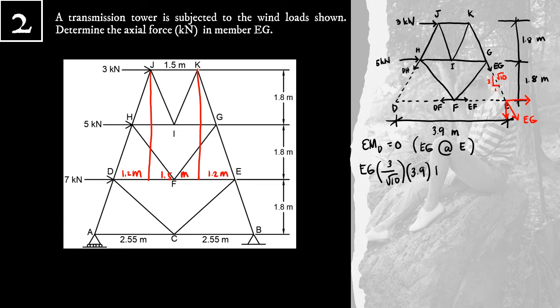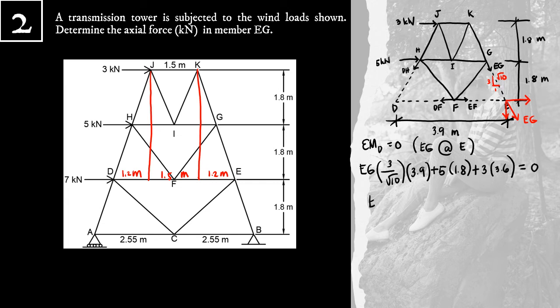For the 5 kilonewton horizontal external force, its moment arm from point D is 1.8 meters, also clockwise direction. And lastly, for the 3 kilonewton horizontal external force, its moment arm from point D is 1.8 times 2, or that is 3.6 meters, also clockwise direction. And this is equal to 0.